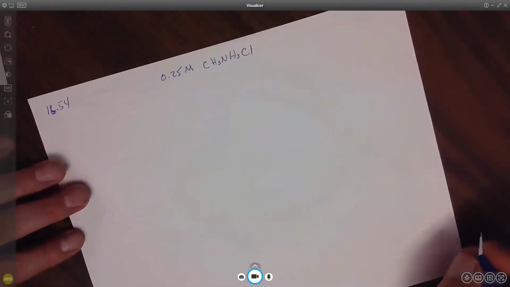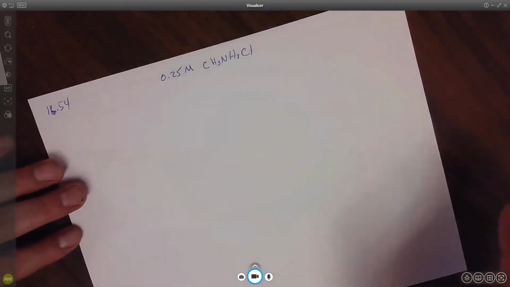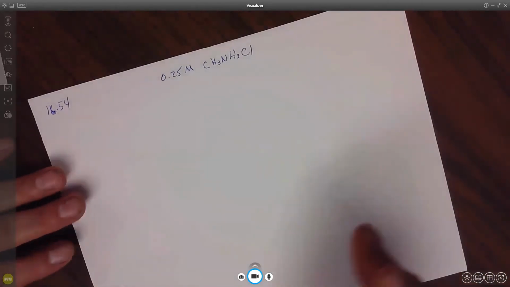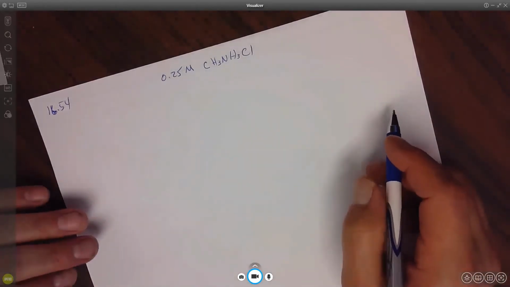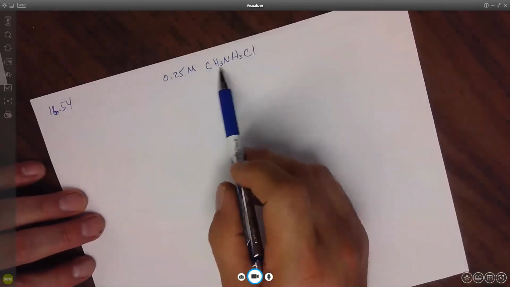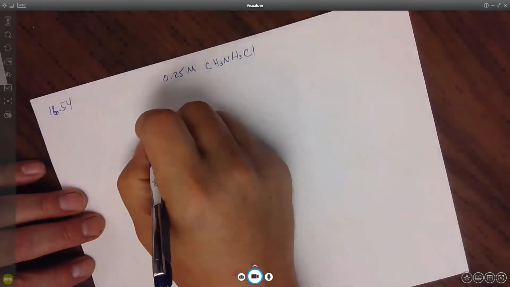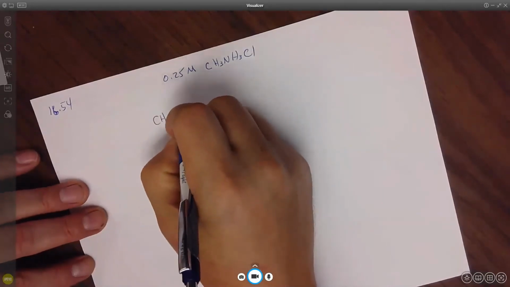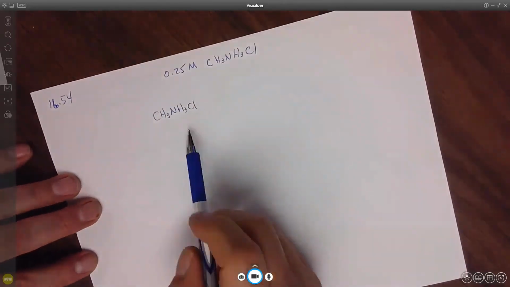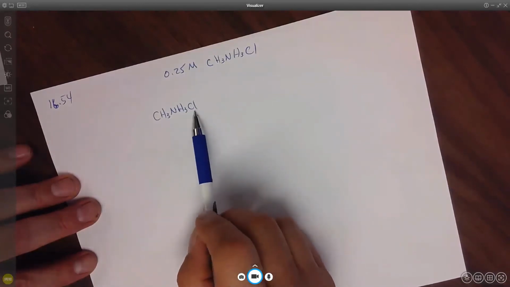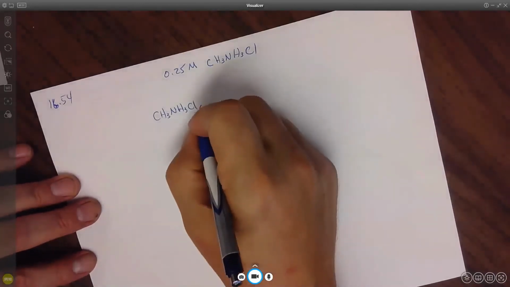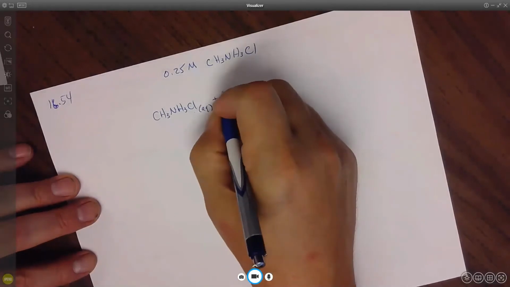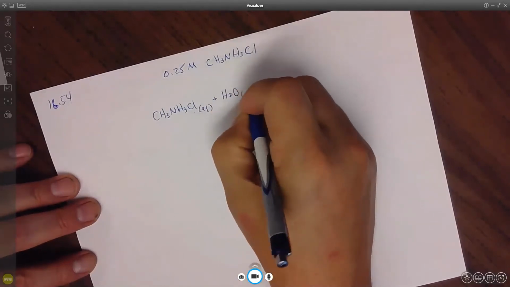And it wants to know what is the pH of the solution. So it wants to know the concentration of methylamine. So if this is what I have in solution, right? So I have the methyl ammonium in solution. So it's ionic. The chloride ion makes it soluble. It's in water.